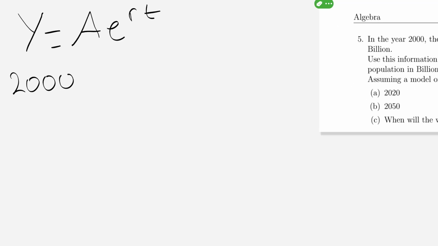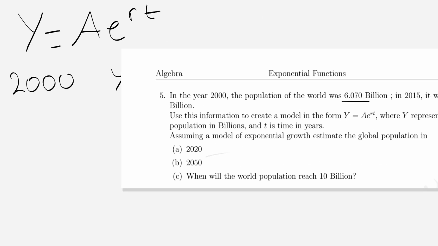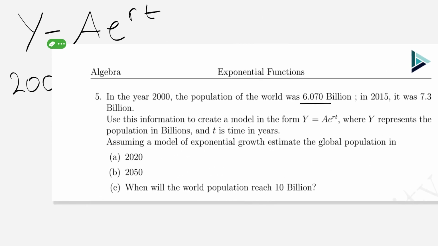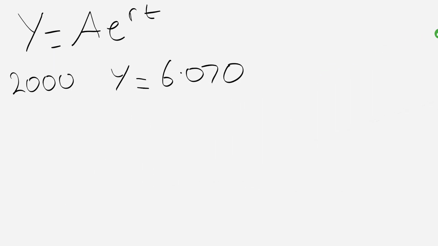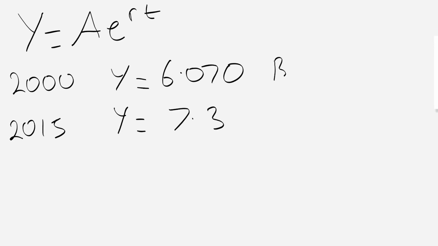So in the year 2000, y representing the population is 6.070. And in the year 2015, the population was 7.3 billion. So in the year 2015, the population is 7.3. Now these are in billions. That's 6.070 billion and 7.3 billion. All right, so my advice to you is you always want to start at time zero.